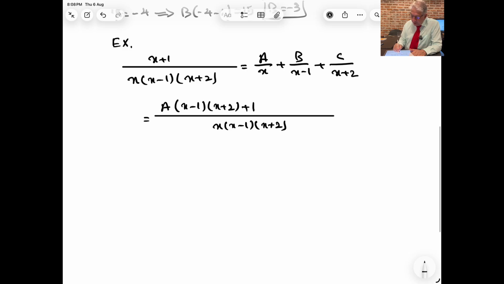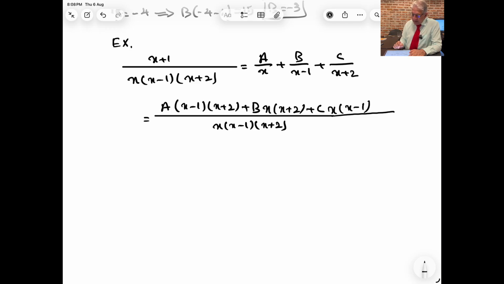For b, (x minus 1) is there, so x and (x plus 2) will remain. Therefore, x times (x plus 2). And for c, (x plus 2) is there, so x and (x minus 1) are remaining, x times (x minus 1).